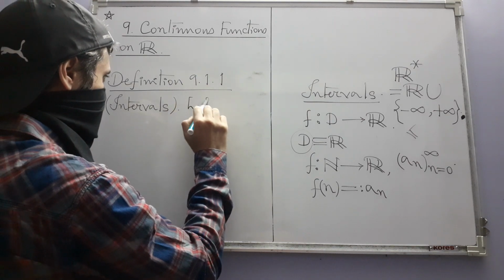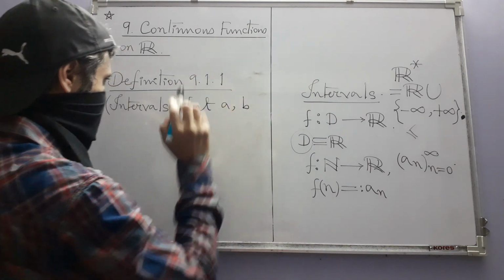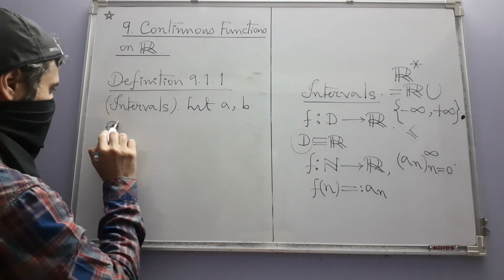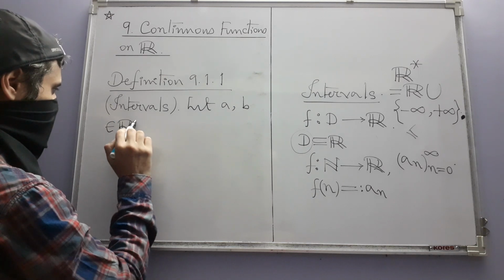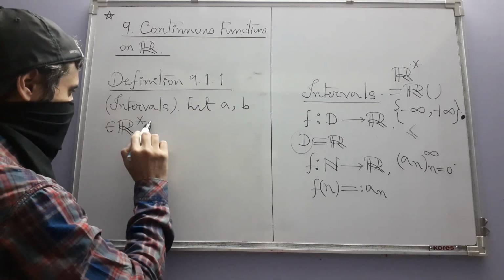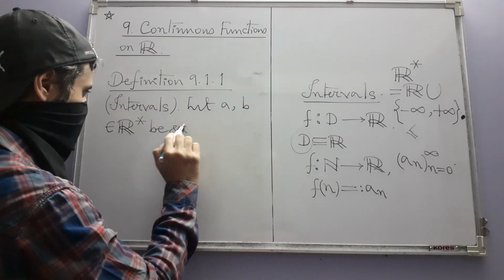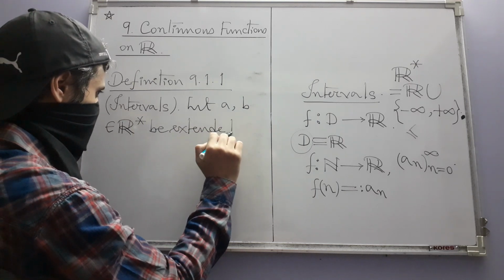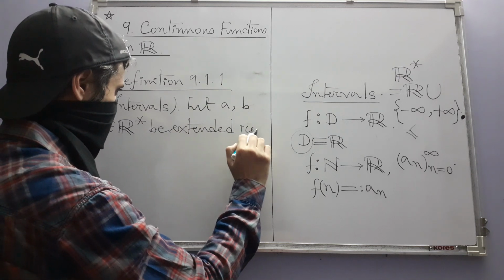So let a and b be elements in R star, that is, let a and b be extended real numbers.